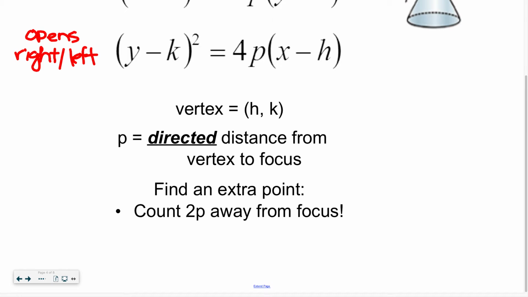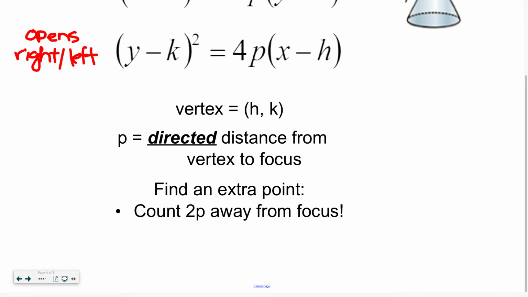You're going to count up to your focus so that your parabola opens around it. If your p is negative, you're going to count down to your focus so that your parabola opens down around the focus. If you have a (y minus k) squared parabola, positive will be to the right and negative will be to the left. Directed distance, right? Negatives are down and left.